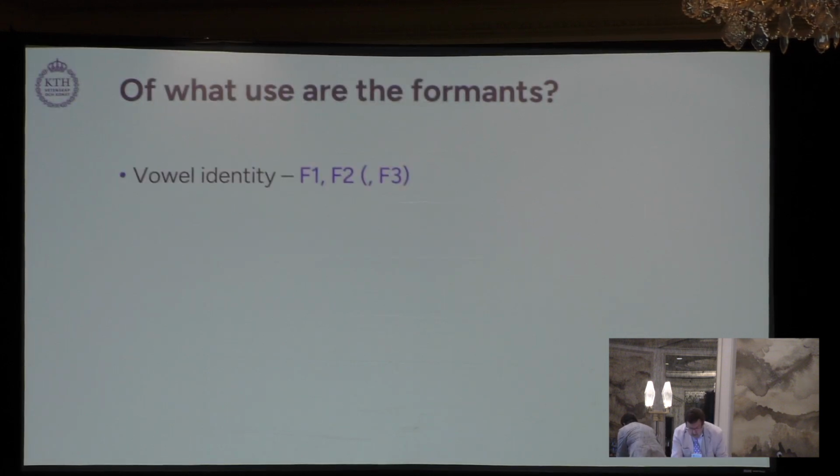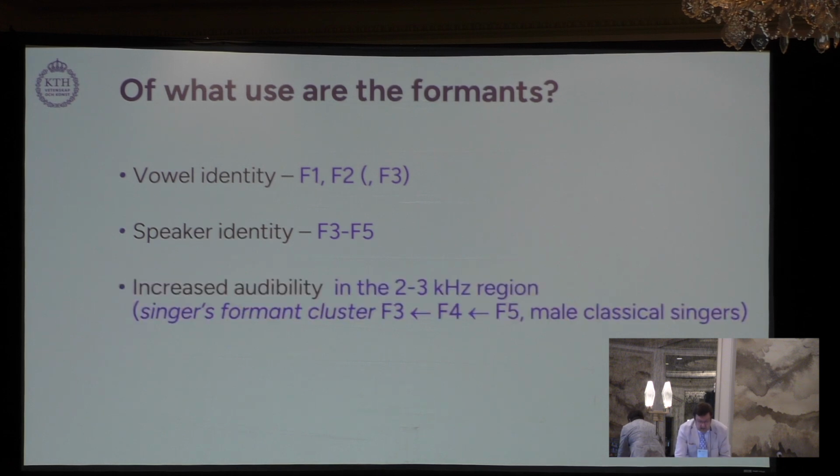Now, of what use are the formants? So vowel identity, that's what we just said, speaker identity, and Dr. Sataloff was talking about the singer's formant cluster. So singers, in the days where there were no microphones, they had to make themselves heard over orchestras and developed different techniques for that.